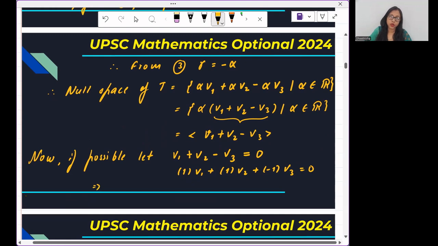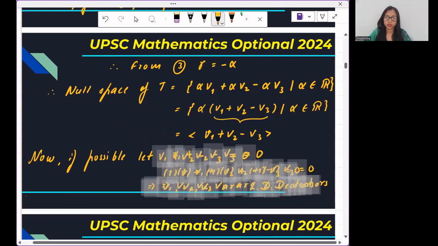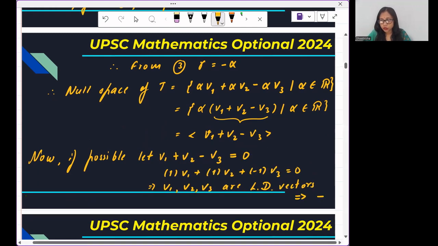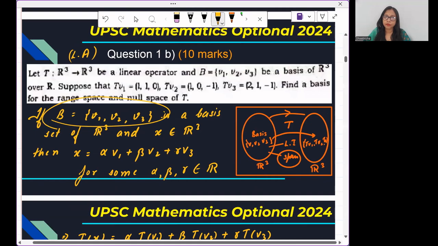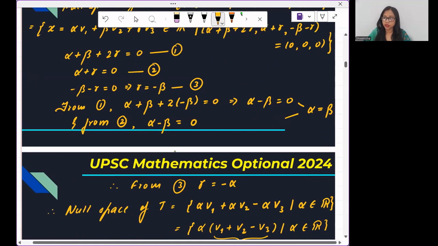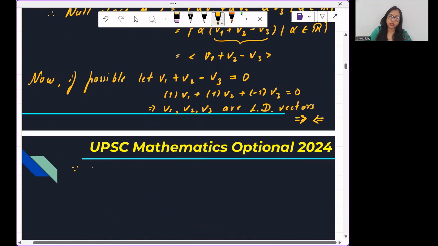It implies V1, V2, V3 are linearly dependent vectors, and that's a contradiction. We use this symbol for contradiction. You have to also say why this is a contradiction: because B is a basis set, it cannot be linearly dependent. Therefore, V1 plus V2 minus V3 is non-zero.